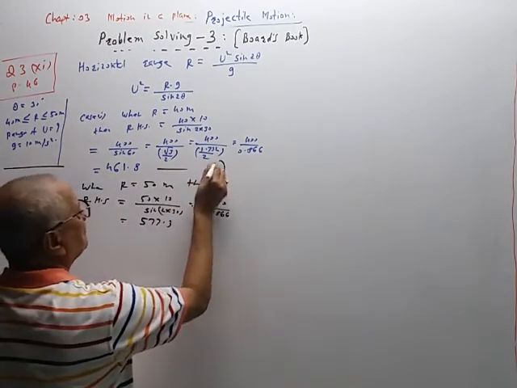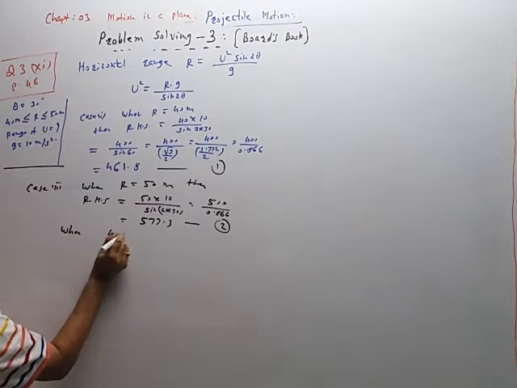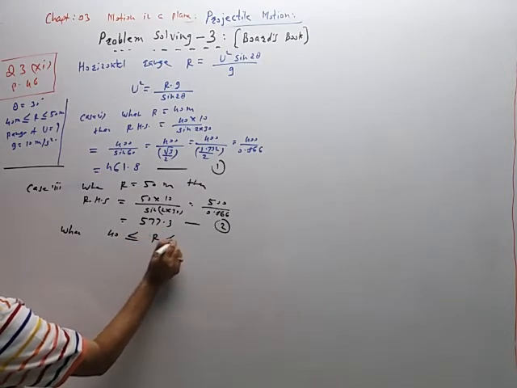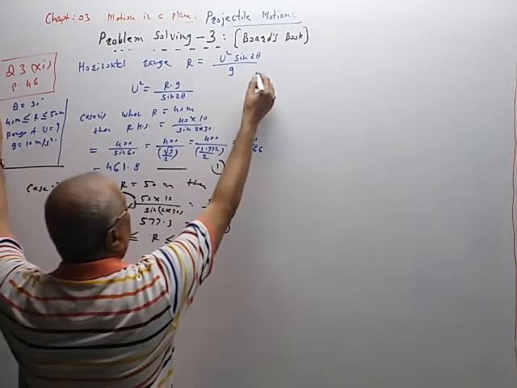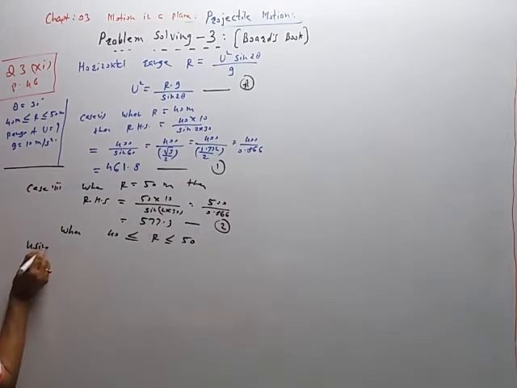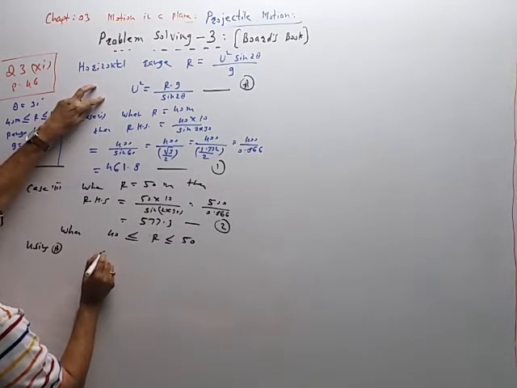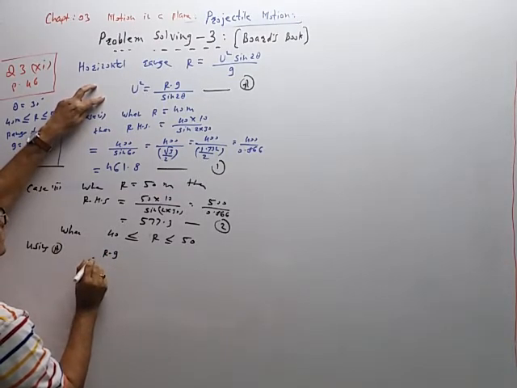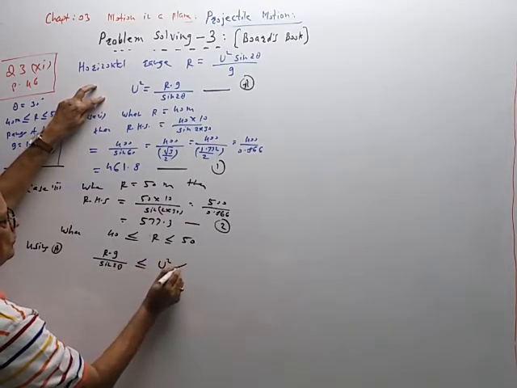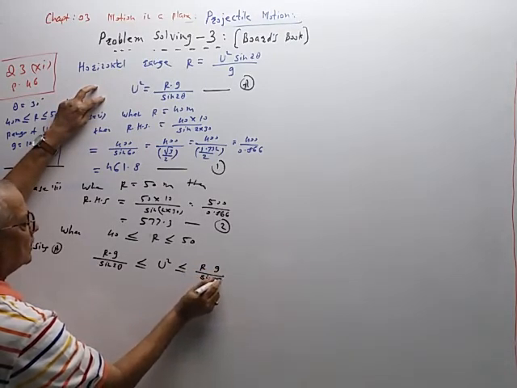So this is case 1, this is case 2. Therefore, when 40 meter is less than or equal to R, less than or equal to 50, then using this, R into g upon sin of 2 theta is less than or equal to u square, less than or equal to R' g upon sin of 2 theta.